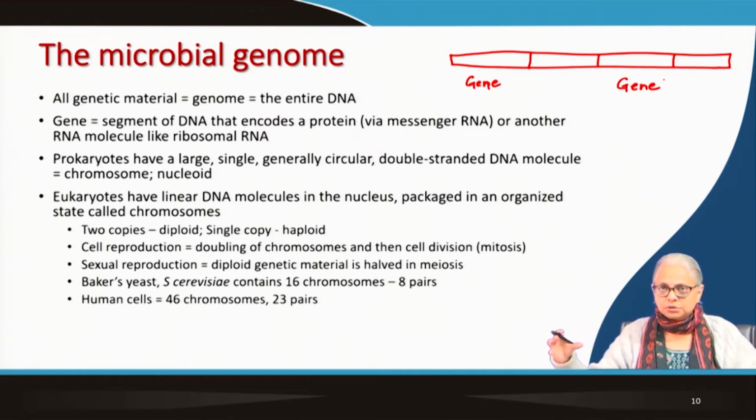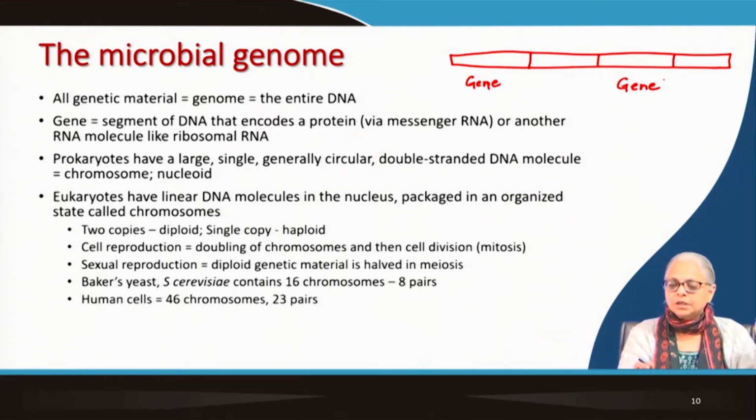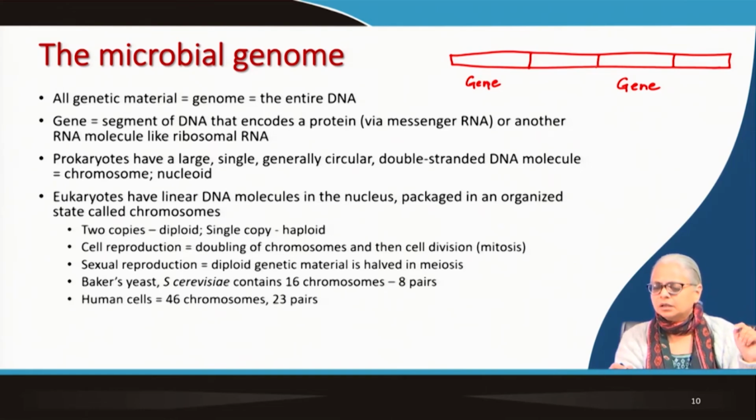You have a long strand of the DNA and you will have segments, and each segment that encodes for one product or one protein is called a gene. Every segment that encodes for one product is by definition a gene. You will have strands that don't encode for anything, called the nonsense code, and they're not equal in size. You might have small genes and large ones and so on.